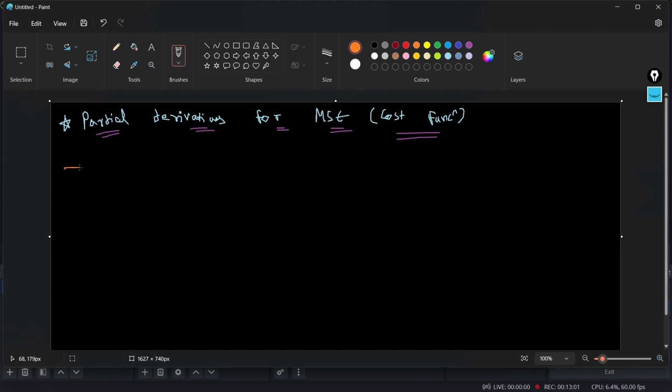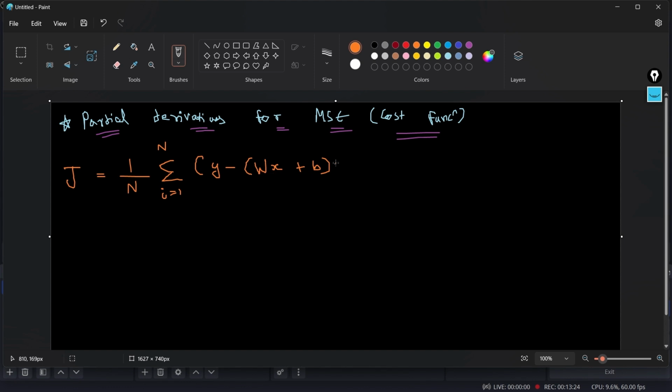So now I am having J instead of Y, I am having J as my output, and this is equal to the average, or I can say mean, of the squared error, where in the squared error I am actually having Wx plus B. That's my prediction, right?